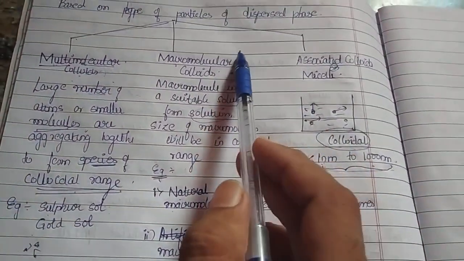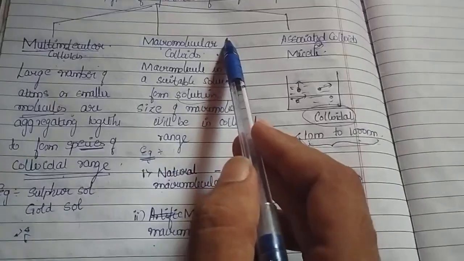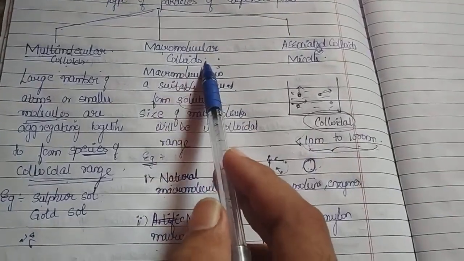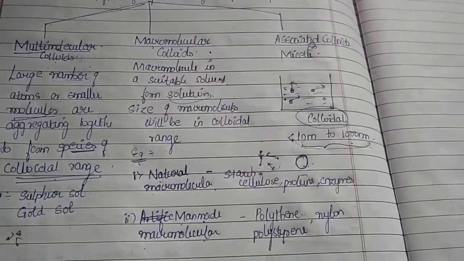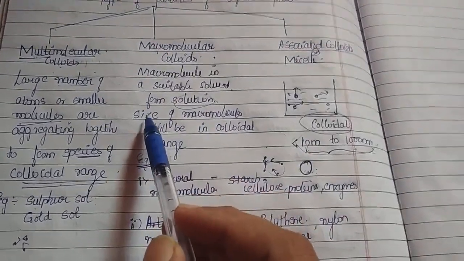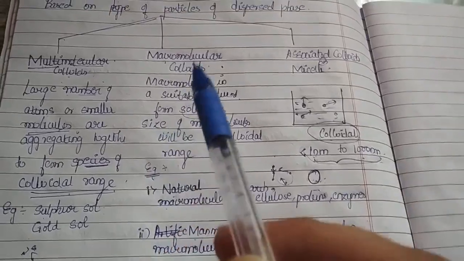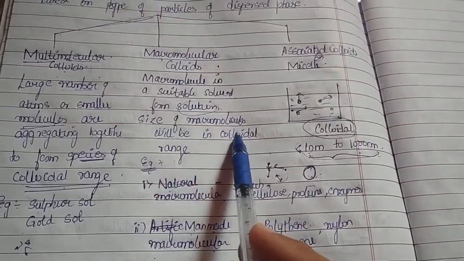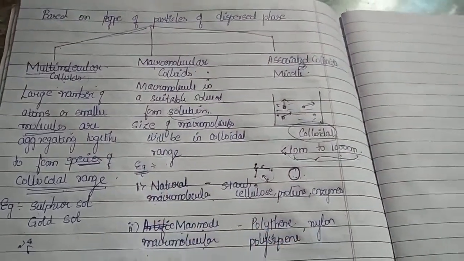But with macromolecular colloids, remember that when these substances are dissolved in a suitable solvent and form a solution, and we measure the size of these macromolecules, the single molecule itself will have dimensions in the colloidal range.